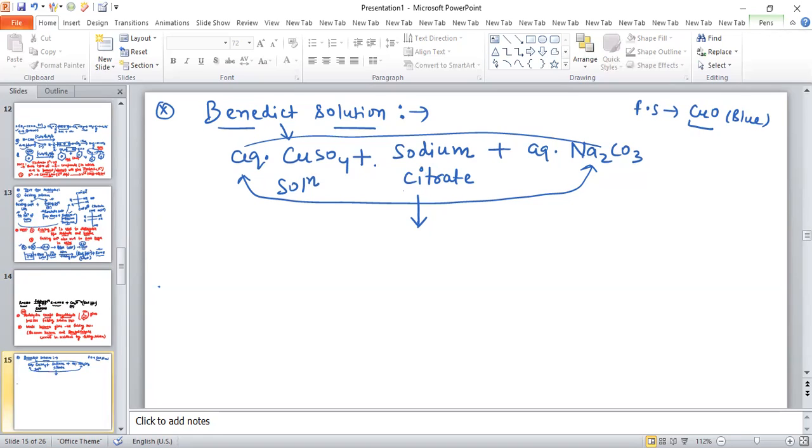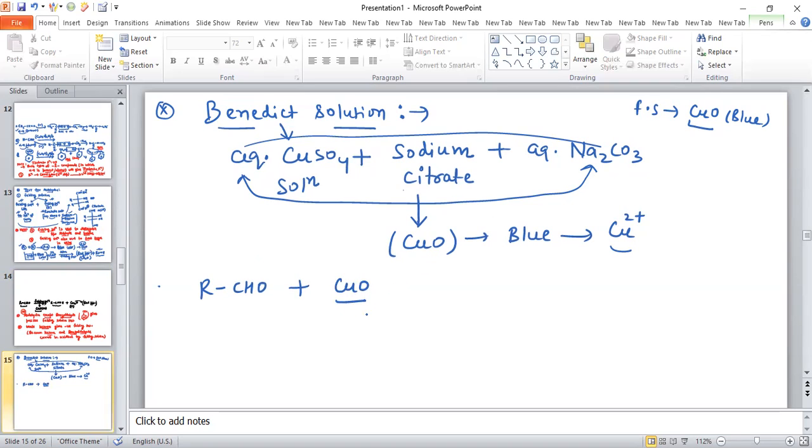In the same way, in Benedict solution also, the combined effect of the cupric ion gives an initial blue color. So the blue color is due to this cupric ion, Cu2+ ion.